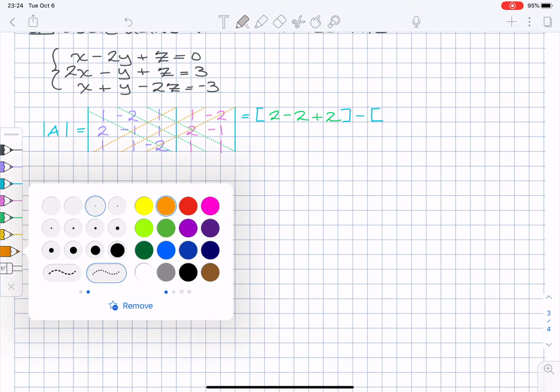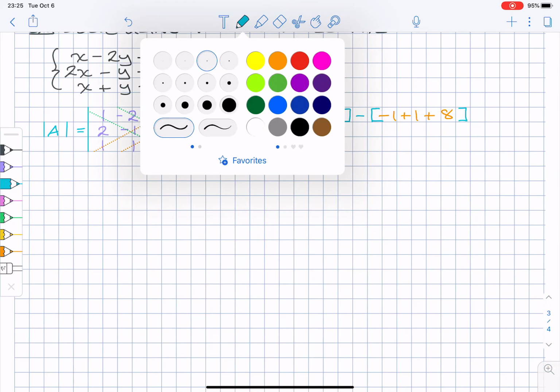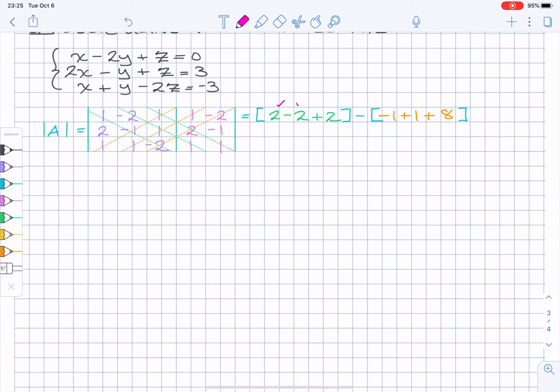So that's going to give us negative 1 plus 1 plus 8. So of course the 2's reduce here and the 1's reduce here. So 2 plus 8 is going to be 10.